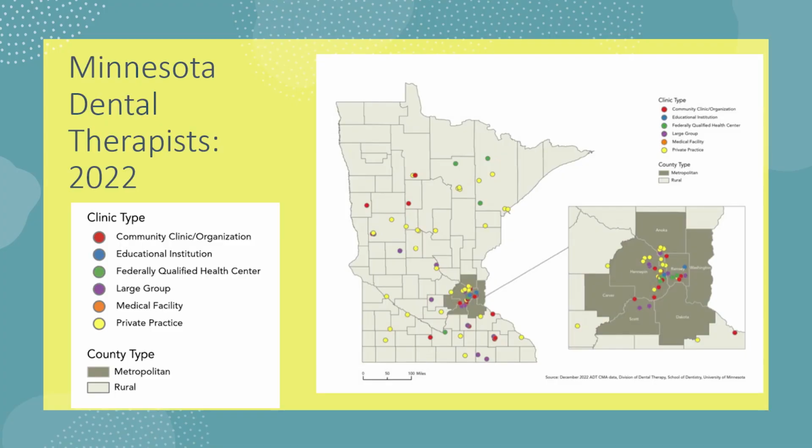So you're probably wondering where all the dental therapists are in the state of Minnesota. Well, right now we have 103 licensed dental therapists, and the little dots show you everywhere they are. They're in private practice, they're in community clinics, they're in very large practices. And you may wonder, well, why don't you do the same type of program in all these different communities?